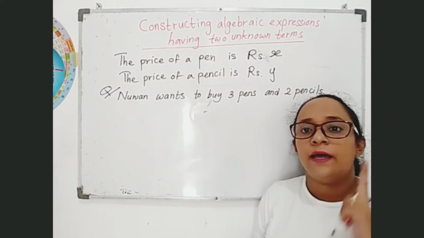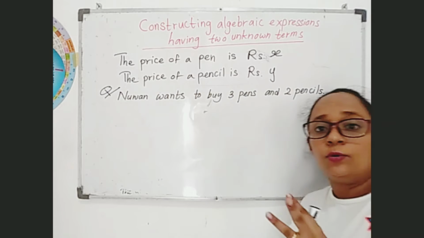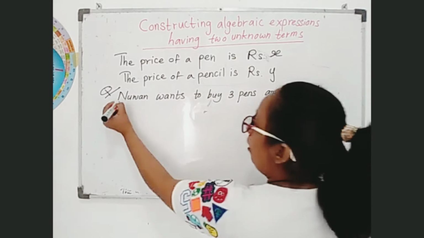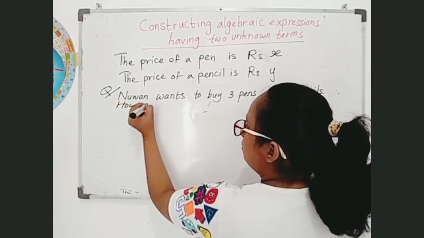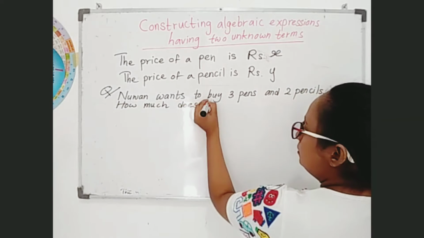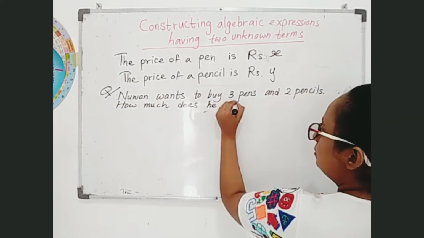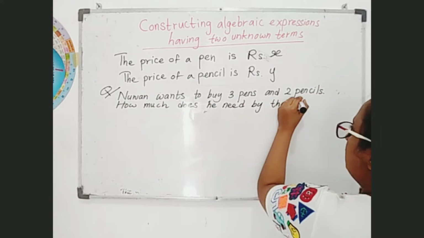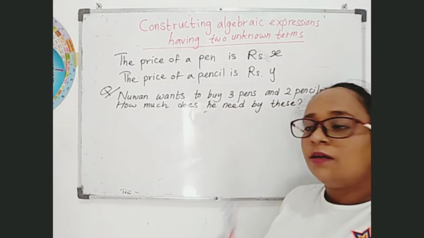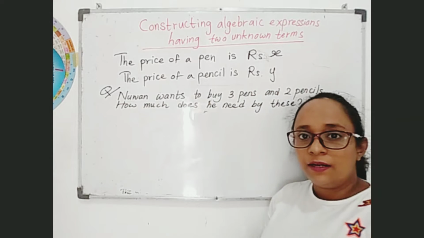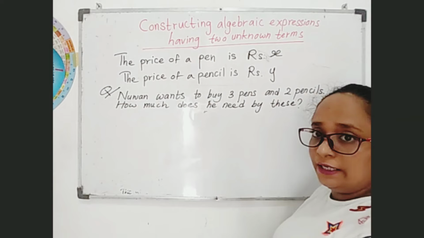Nuan ta pen dekakui pen tunakui pencils dekakui ganna. Right? So how much does he need to buy these? එයාට කීයක් ඕනේද මේ කියන දේවල් දෙක ගන්න. Right? So let's see how to find it.